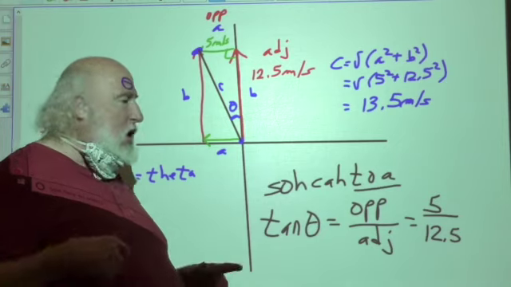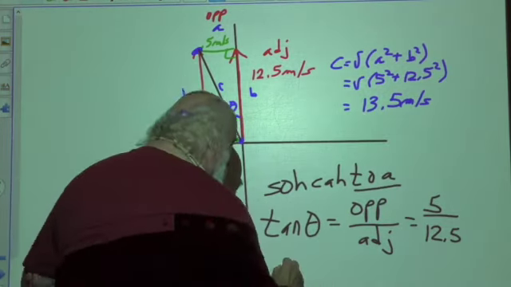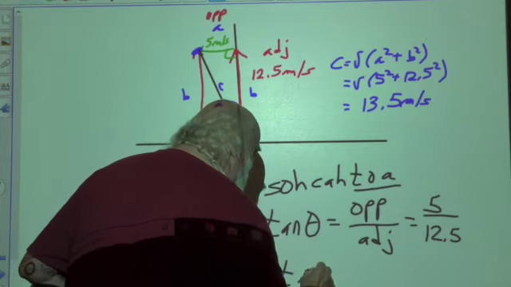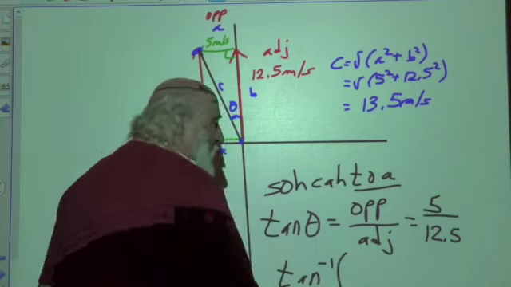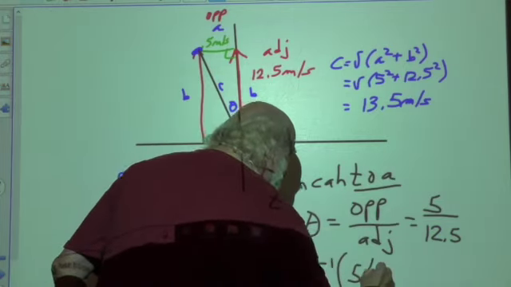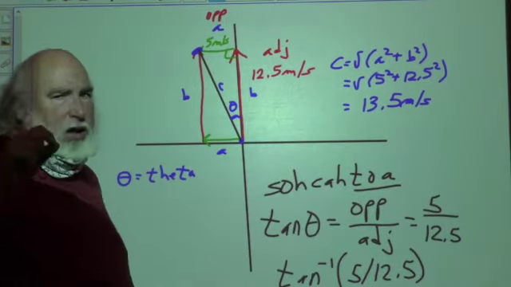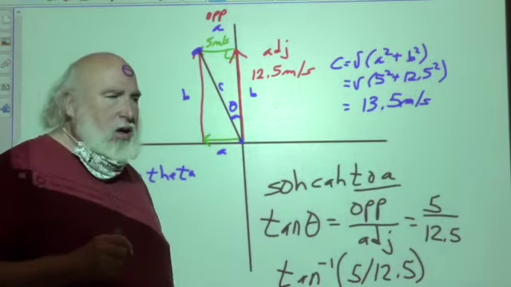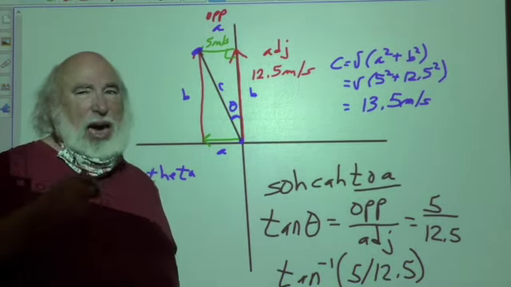So that means on your calculator, you're going to hit second tangent, which will give you tan^-1, and then you get a parenthesis on your calculator, and you type in 5 divided by 12.5. And make sure, particularly if you're in calculus, that this is back in degree mode.